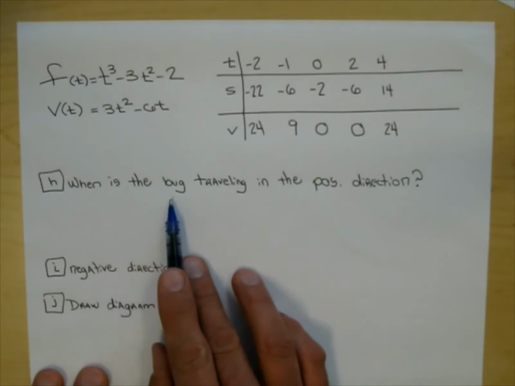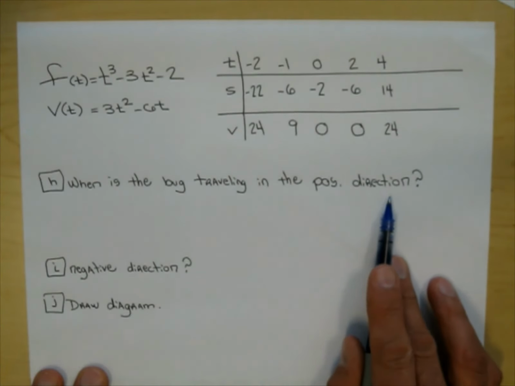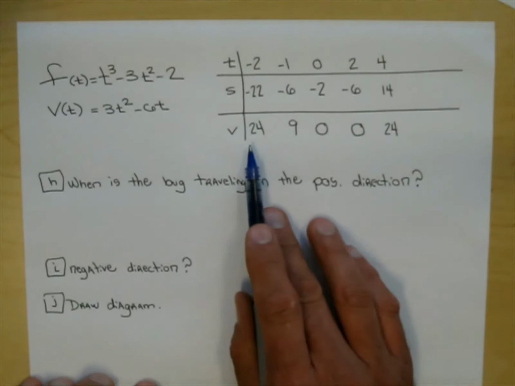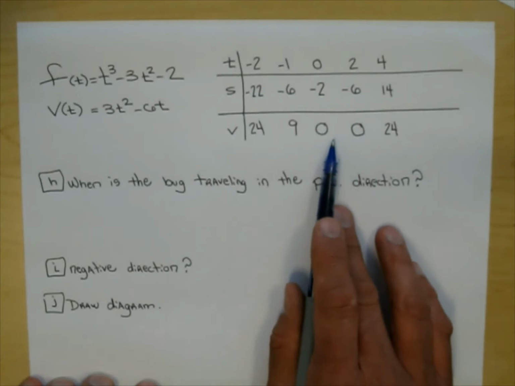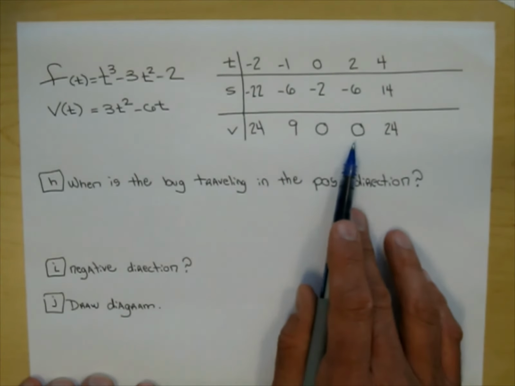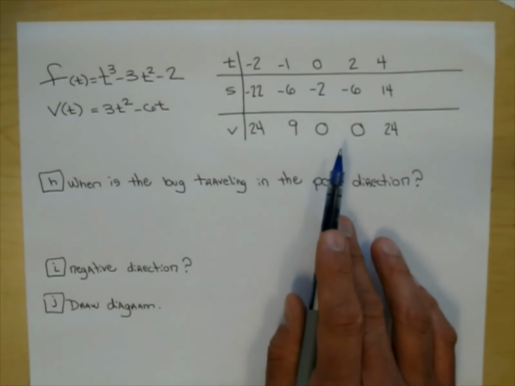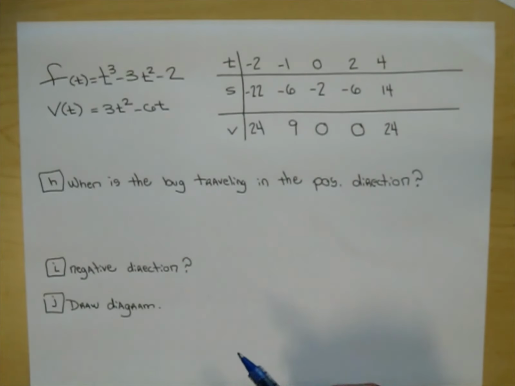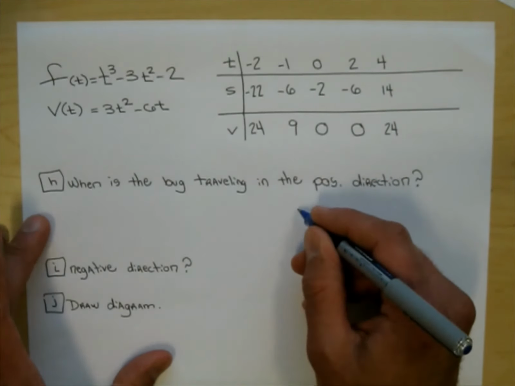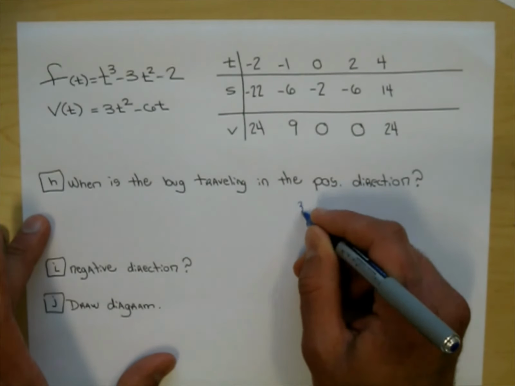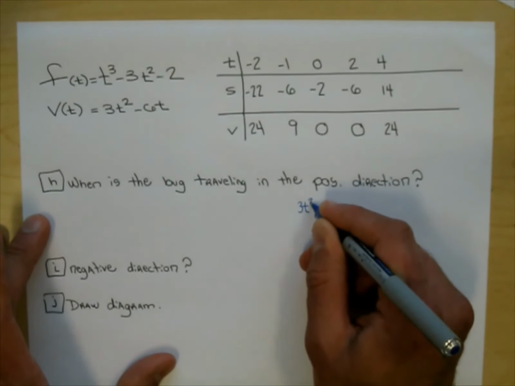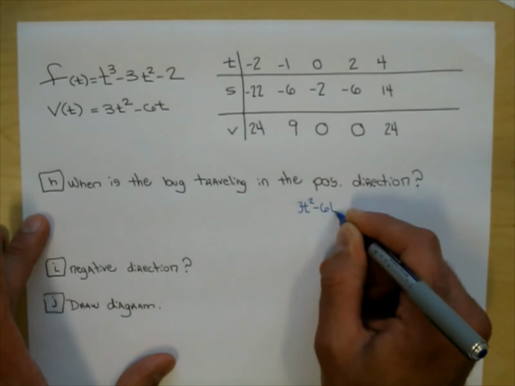It says, when is the bug traveling in the positive direction? You may be able to guess, but we don't have all the information. The technical way of doing this problem is to take the velocity function, which is 3t squared minus 6t.